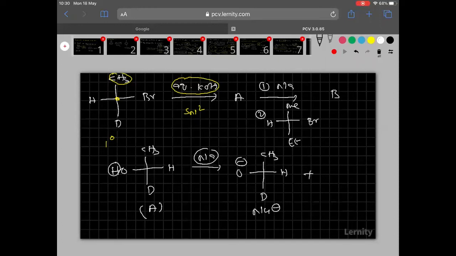So this is reacting with this one, Me, Et, Br, H. So nucleophile attacks from the backside, SN2. Is it clear? Let us go to the next slide to answer this one.